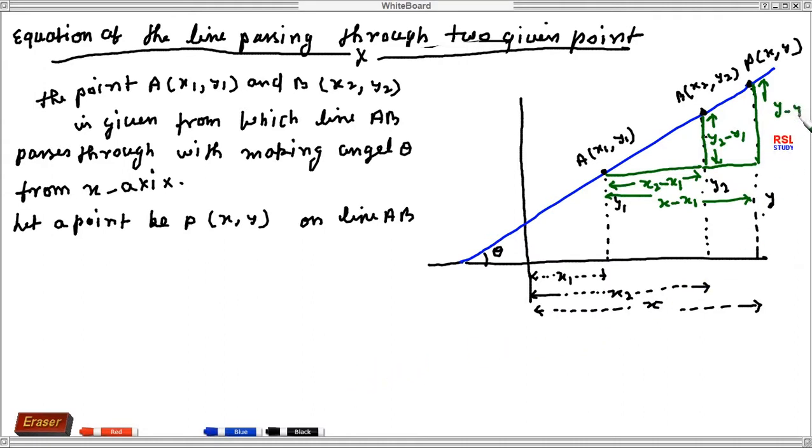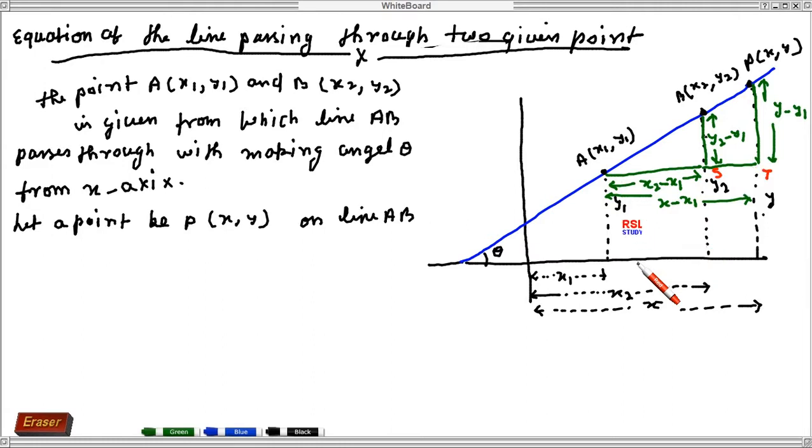And this must be y minus y1, because this is y1 and this is complete y. Subtract this, so we will get this. Once again, note that this is y1, and if this is y1, then this must be y1, because each are parallel to each other as well as equal to each other.